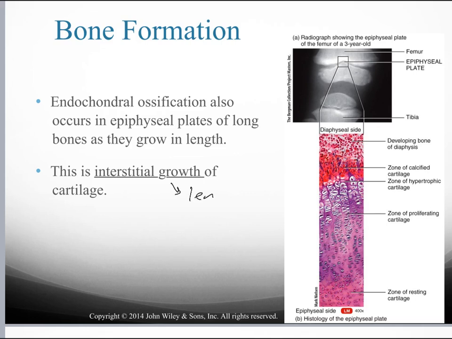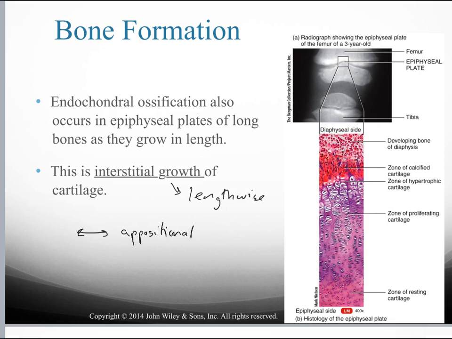And when we talk about growing widthwise, we're talking about appositional growth. So interstitial growth is lengthwise, whereas growing by width, so wider, is appositional. Remember, lengthwise and widthwise keep pace together.